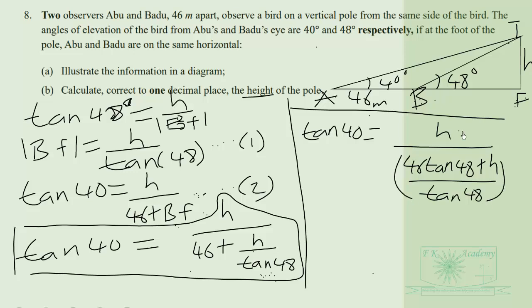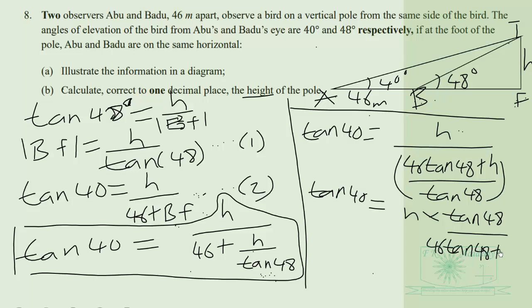So you reciprocate and multiply to get tan 40 is equal to h times tan 48 all over 46 tan 48 plus h. So we are going to cross multiply.